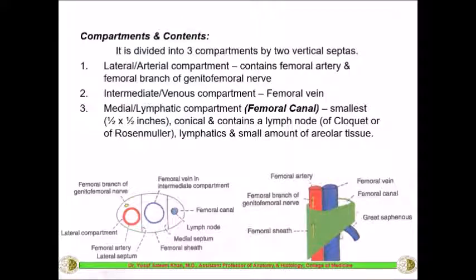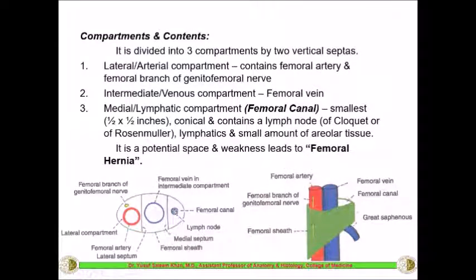In other compartments we have the artery, vein, everything, totally occupying these areas, but here, because it is almost empty, with a small group of lymph nodes and fat, this becomes the potential space for any abnormal protrusion of the abdominal contents through the abdomen into the femoral canal, and this leads to conditions called as the femoral hernias.